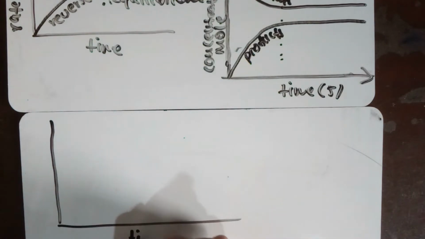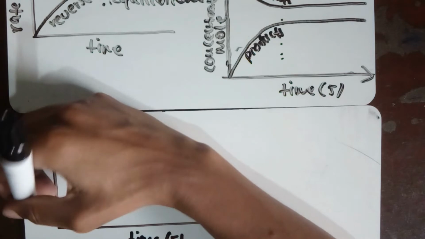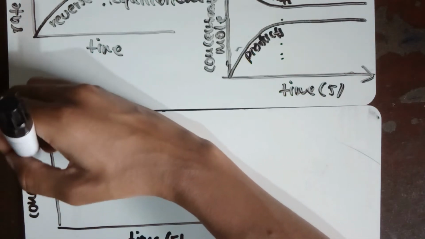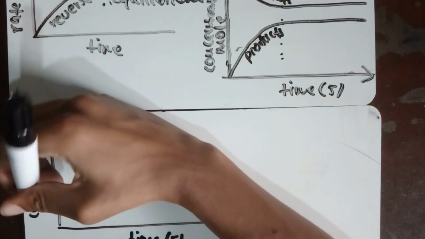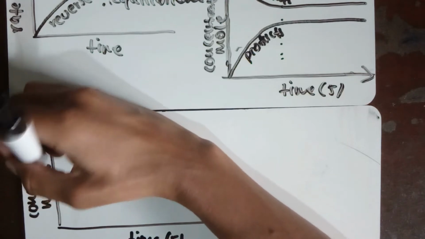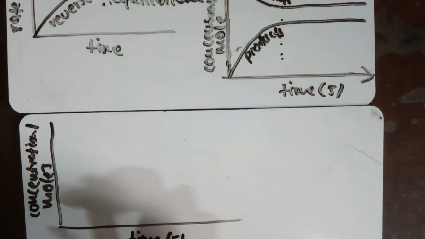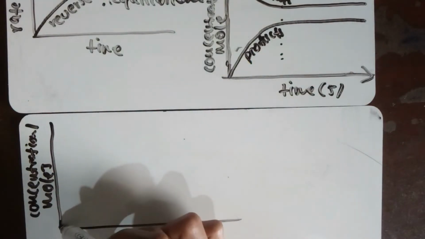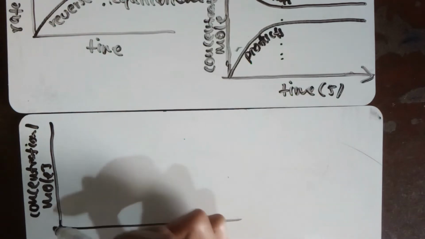Another way in which this can be slightly different is this. Let me draw the same graph. You have your time in seconds, and then your concentration or number of moles. Remember, at the beginning this is your products. You have no product at the start, so the product is zero.